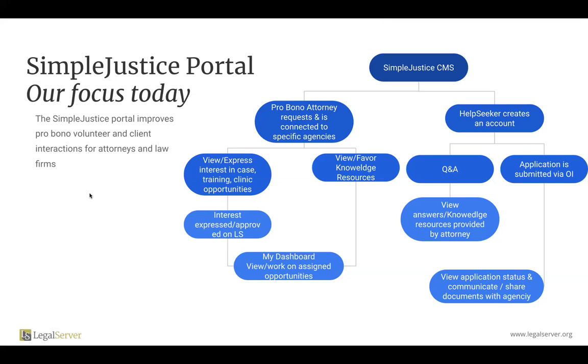At that point, obviously, if you have 5 different agencies in a SimpleJustice community, and the pro bono attorney requests access to all 5, and 4 out of 5 say that's fine, and 1 says no, that's not okay, then that pro bono attorney will be connected to 4 sites, but will not be able to access or express interest in any opportunities from the 5th site.